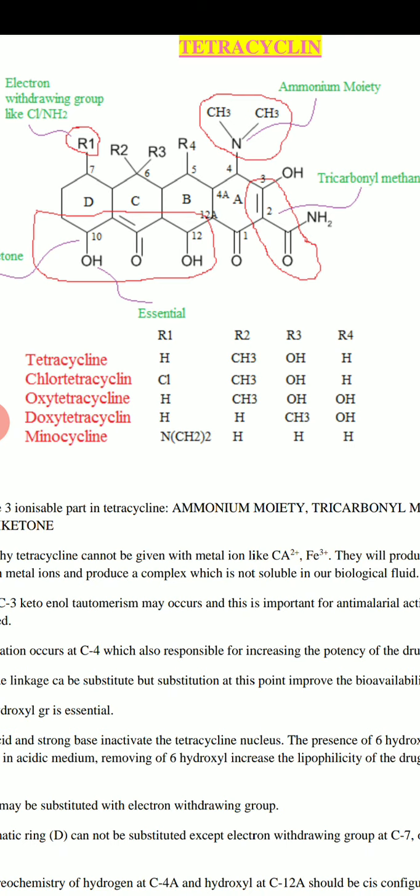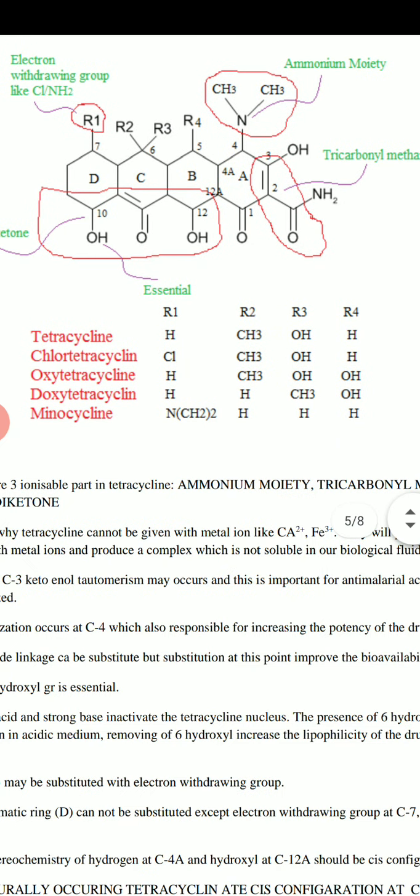So tetracyclines cannot be given with foods like meals or iron tablets, because they bind with these metals and produce chelates. Another part is there must be some keto-enol tautomerism between carbon 1 and carbon 3. This is why there will be no substitution at this point. If any substitution occurs, then activity becomes zero.